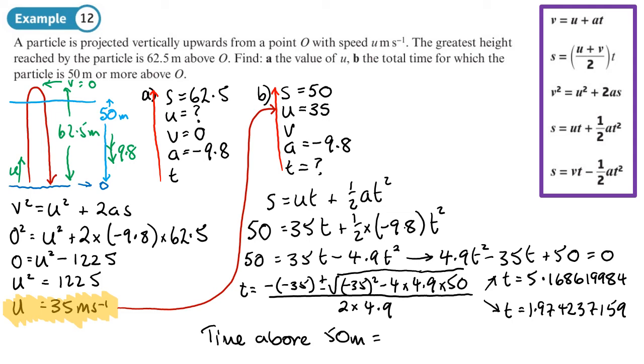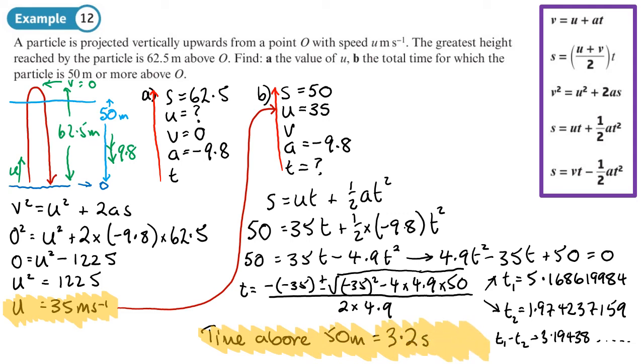And let's just call this T1, T2. So T1 minus T2 actually gives you 3.19438 and so on. 2 significant figures, 3 maximum, so I'll just go for 3.2 seconds when it's above that height of 50 meters.